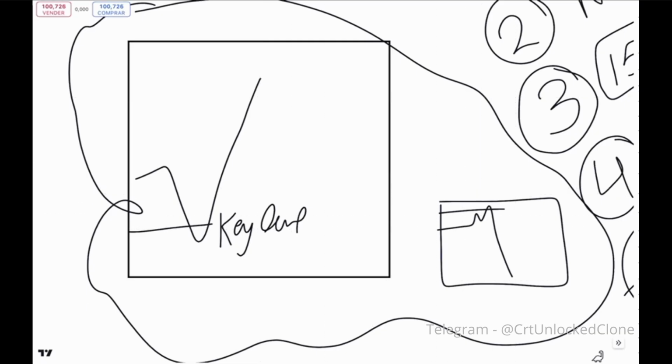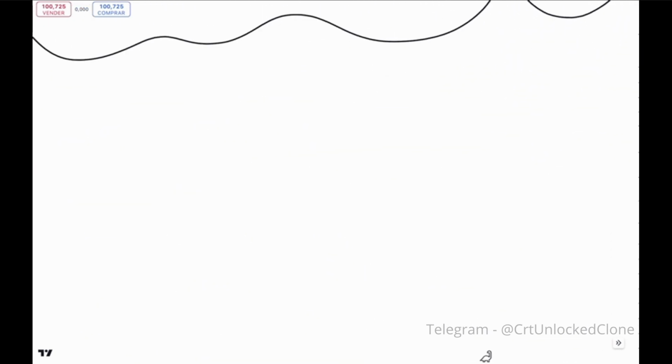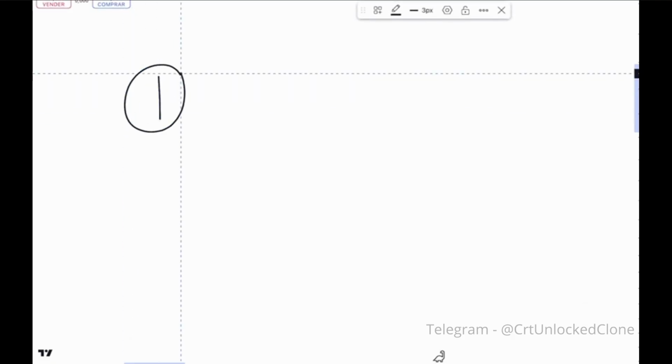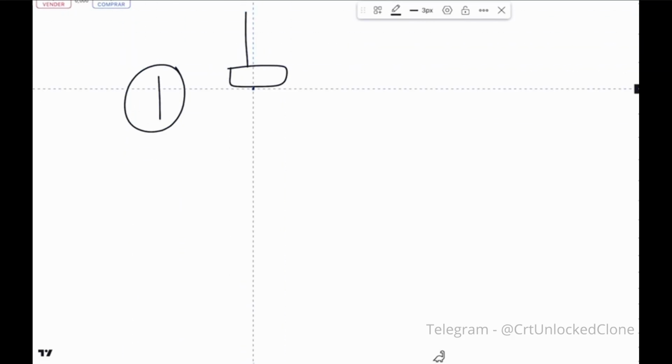But how do I know if we're bullish? Because I told you, wick above lower prices, wick below higher prices, and so on, right? That's how you determine where price is going next. Wick above, next candle probably going to go lower.